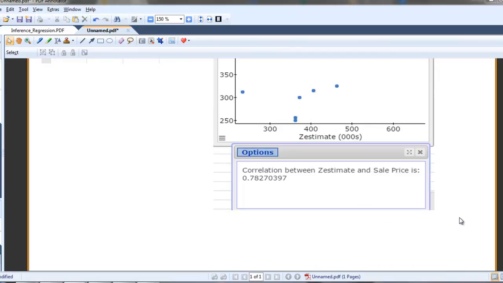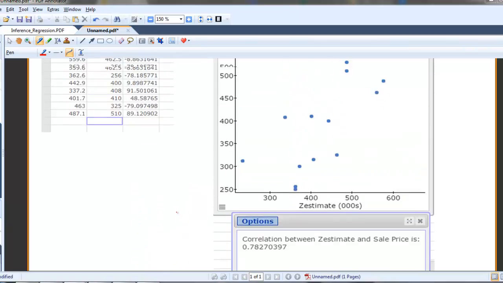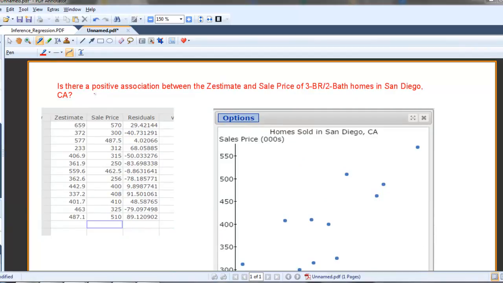And what we ultimately want to test here, the null, is that the slope parameter in regression is going to equal 0 versus the alternative that the slope parameter is greater than 0. The reason I'm picking greater than 0 is because I want to know, is there positive association between the two variables?